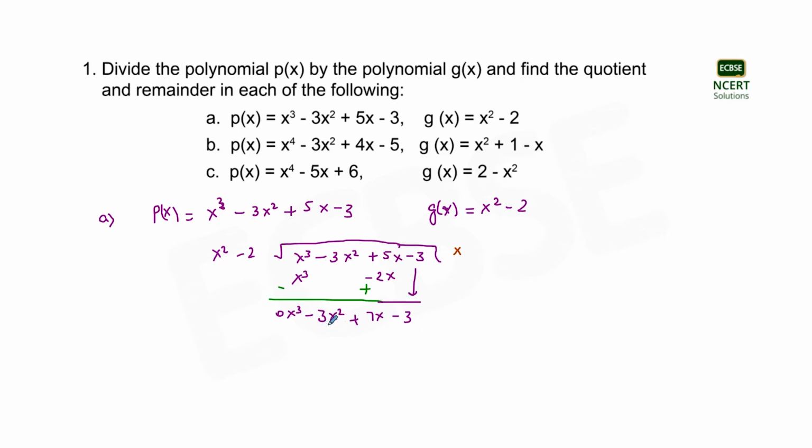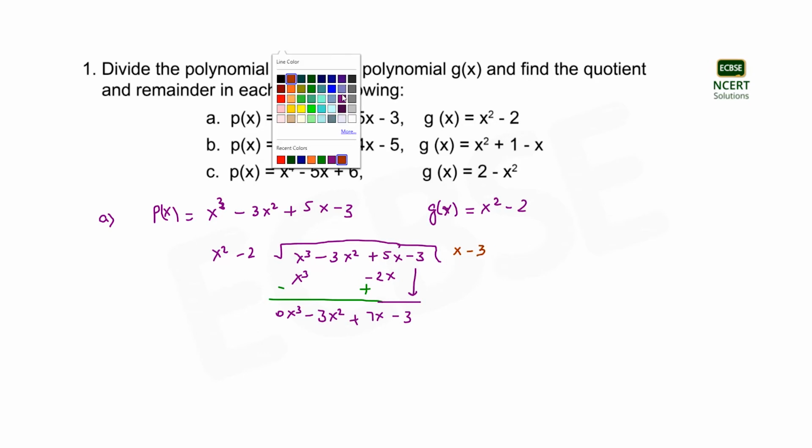Again repeat the steps, as the degree of the dividend is equal to the degree of the divisor, which is 2 and 2. So we need to apply steps 1 and 2 again until the degree of the dividend becomes less than the degree of the divisor. On dividing, the term we obtain is minus 3.